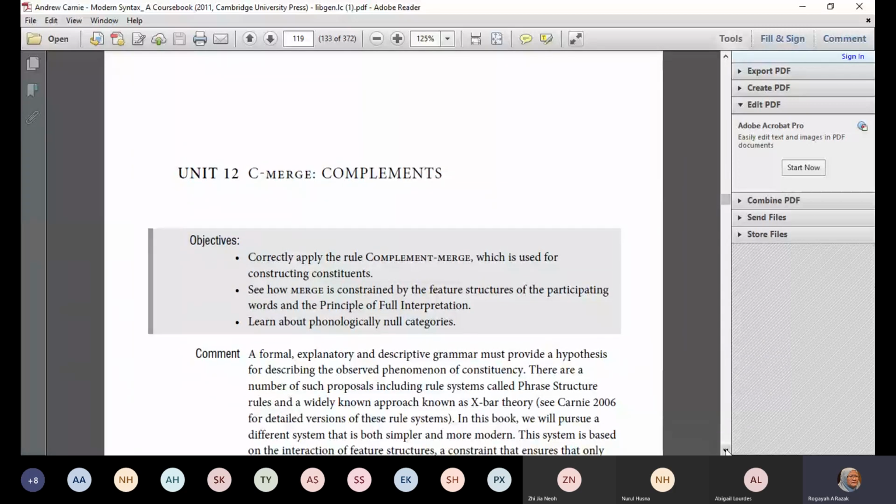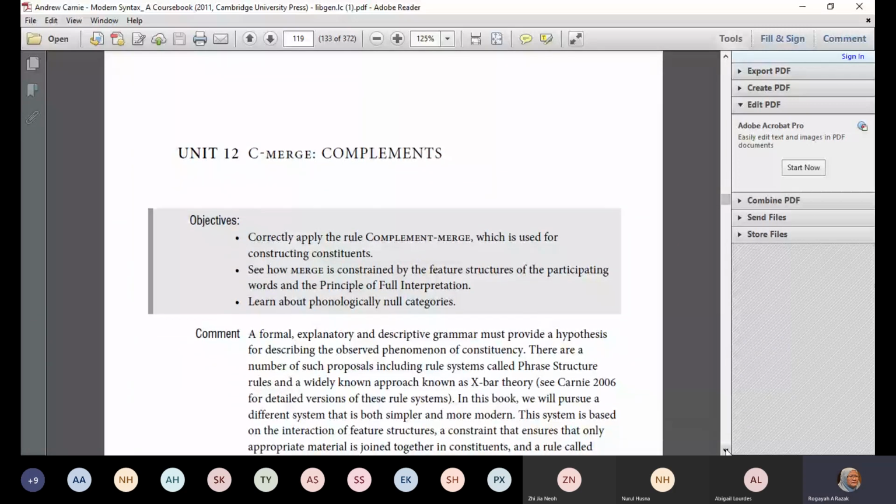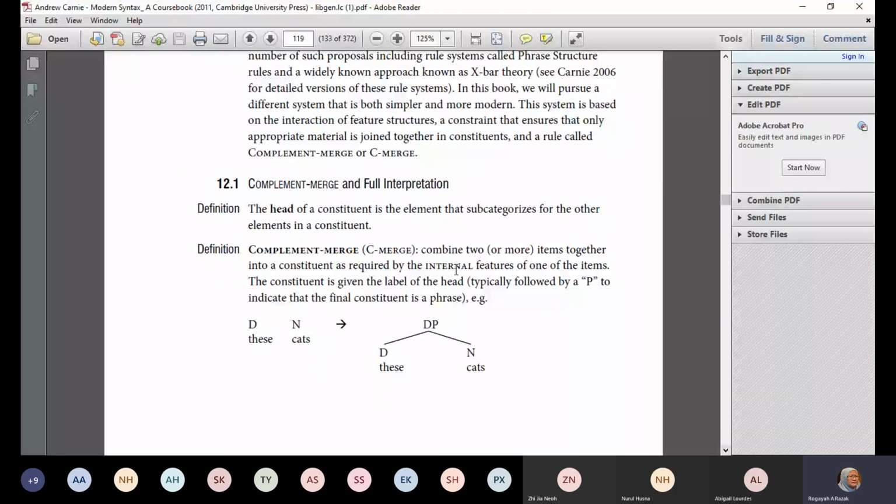C-merge is complement merge. Okay, and then what is complement merge? Complement merge is the definition. There is a head of a constituent. The head of a constituent is the element that subcategorizes for the other elements in a constituent. So for example, Kani shows you the phrase "these cats."